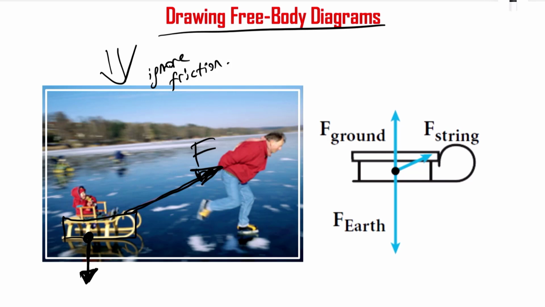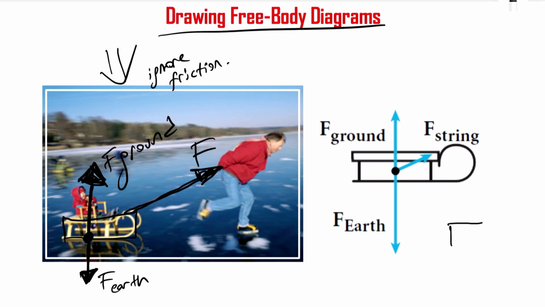Because of the weight, it's applying force downward. We call that F earth. And the earth also, to balance its position, applies a force upward, which means in the opposite direction. I drew it a bit longer to indicate it better. We call that F ground. So drawing all these forces, we call the free body diagram.